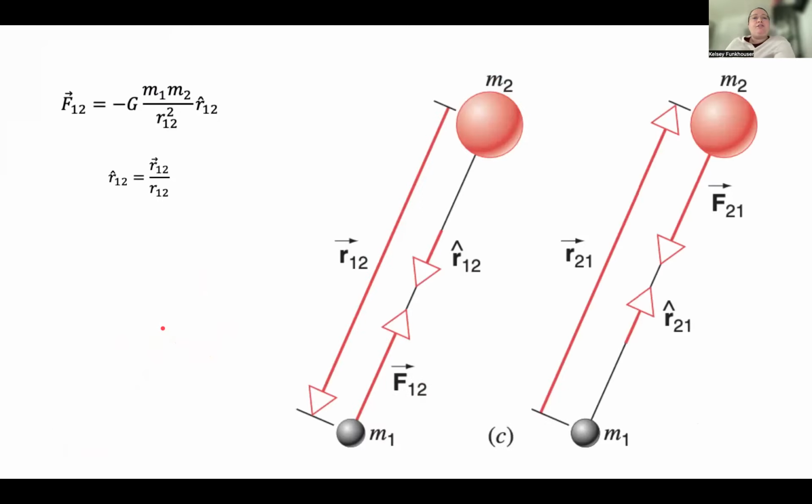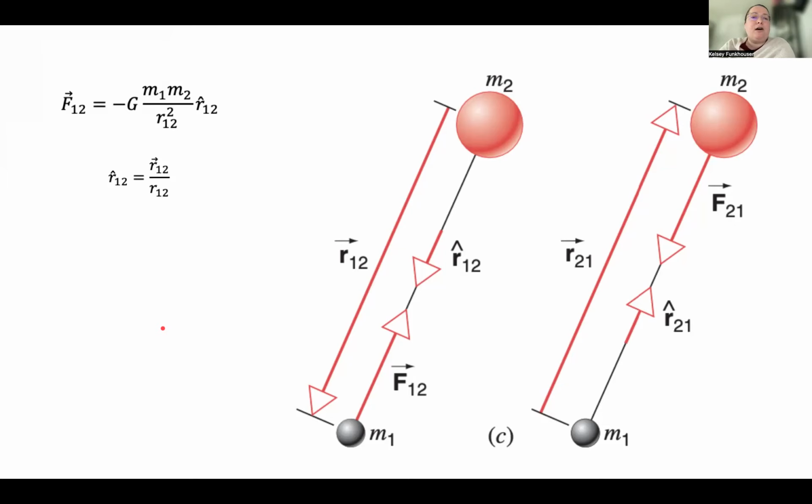We can generate equations for both forces. In doing this, we also introduce the unit vector representing the direction from one mass to the other. It is a unit vector just like i, j, and k hat, where it has no units or dimensions. It has a value of 1, and it just indicates the direction.